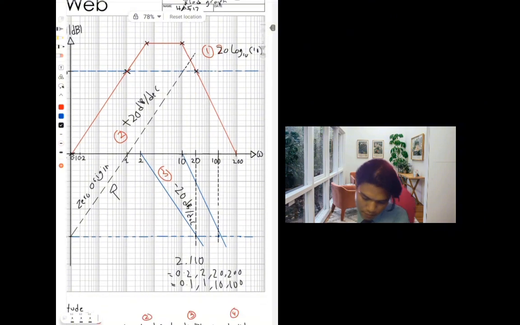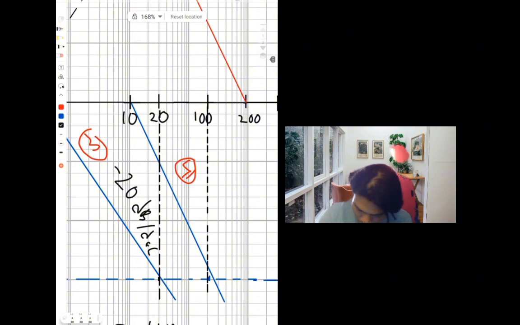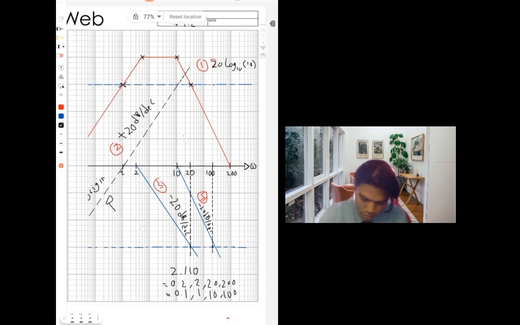Alright. For the 4, 10 to 100, the crossing point. So this will be 4. Same, maybe 20 dB. Alright.